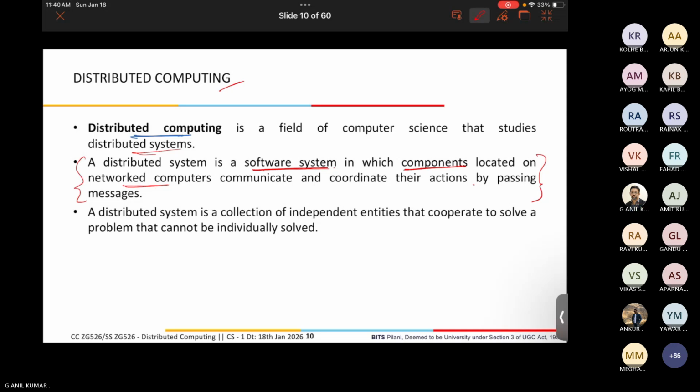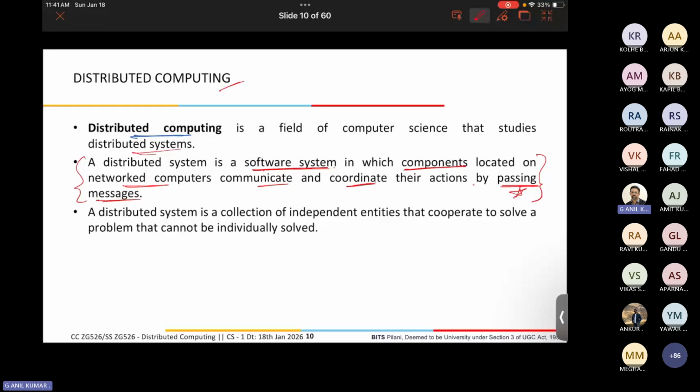The purpose of this software is communication and coordination. Why do they need to communicate and coordinate? So that they can achieve a task. And the way they communicate and coordinate is by passing messages. This is one important thing that you need to keep in mind. The way these servers or machines speak with each other is simply by passing messages via the network.